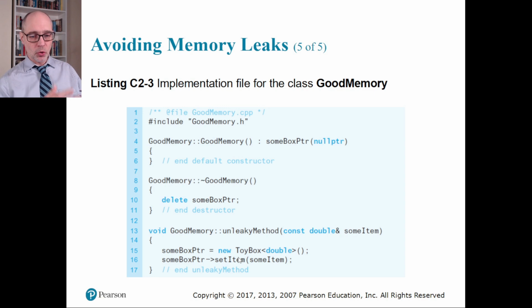So you make a new toy box on the free store. You're storing that in the private member SumBox pointer. And then using that pointer, you can call the set item method and actually store this particular double in that object. And then it survives there, it persists. There's no way to overwrite the SumBox pointer because it's a private data member, and that is handled and connected correctly until your goodMemory object goes away.